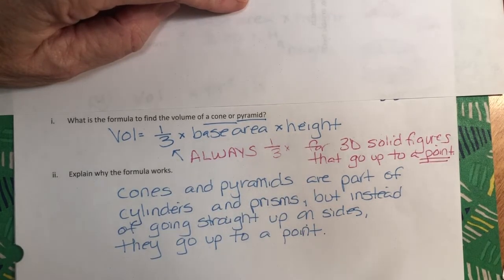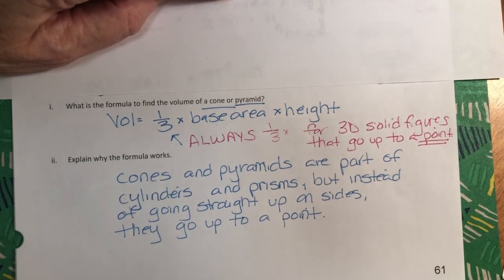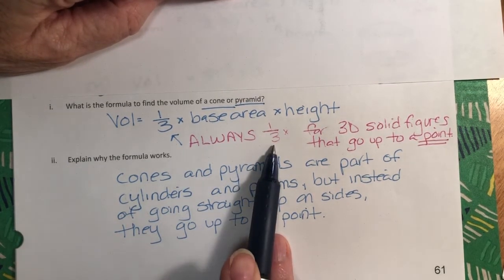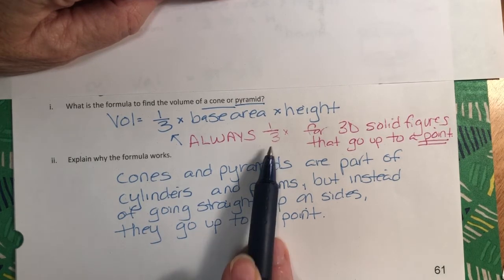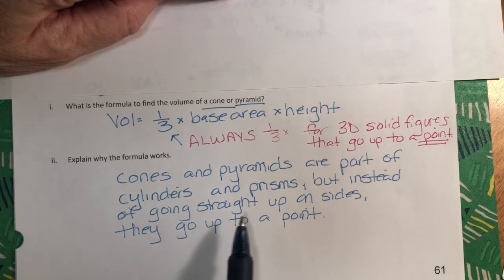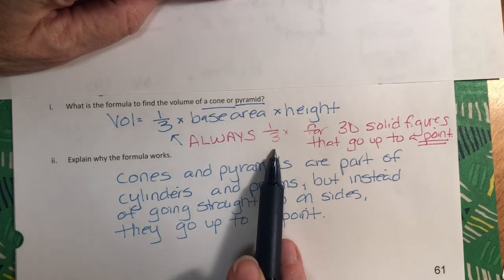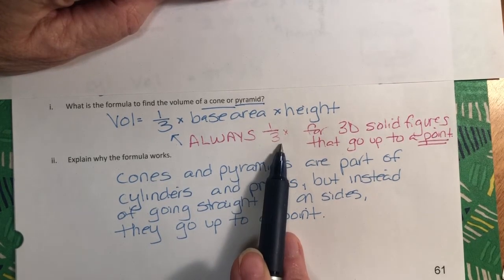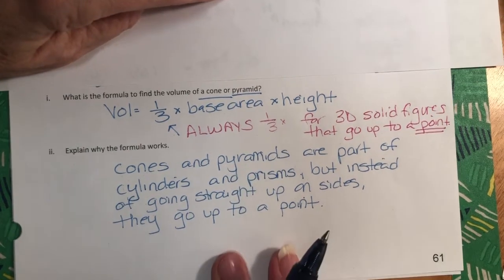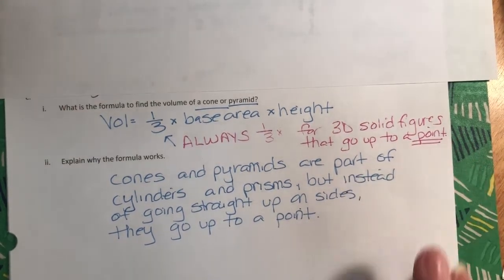In other words, it's 1/3 times the volume of the prism. Okay, it's always 1/3. If you've got a 3D solid figure that instead of going straight up the sides, it comes into a point at the top, it's always times 1/3. And here's kind of why that works.